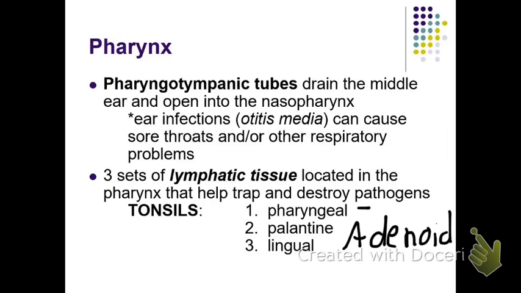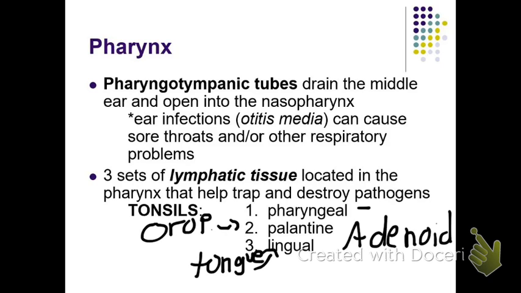Next is the palatine tonsils, and they're located more closer to the oropharynx, and they're based towards the end of the soft palate. And finally, you have your lingual tonsils, which is at the base of the tongue.